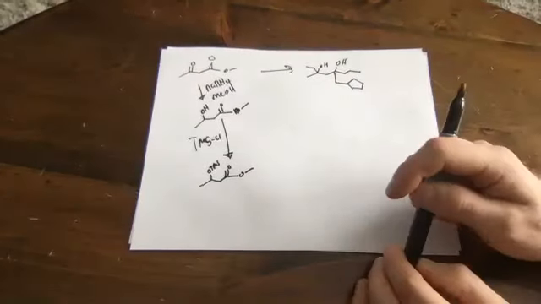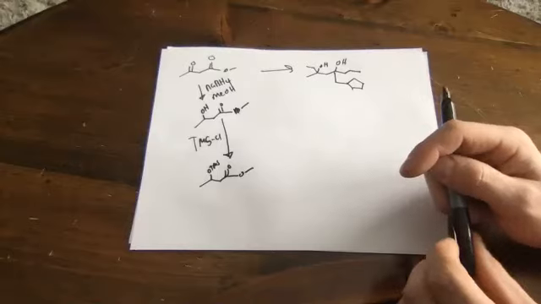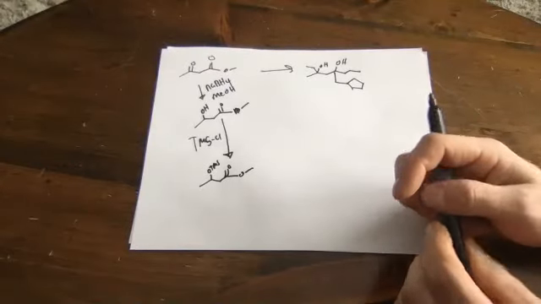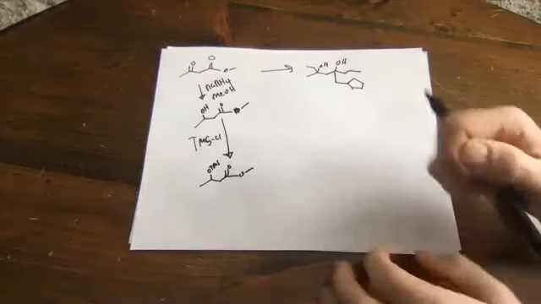So what I'm actually going to have to do is reduce this again and do a little trick where you oxidize, do a Grignard, oxidize again.